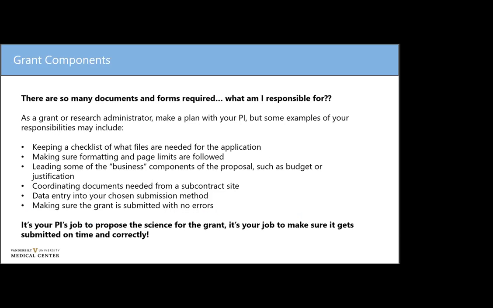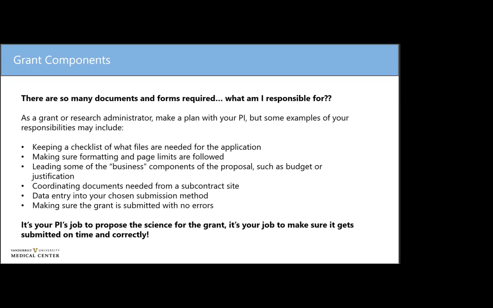All right, thinking about submitting an NIH grant, if you've never done it before, can be really overwhelming. There are so many documents and so many forms. What am I responsible for as an administrator?